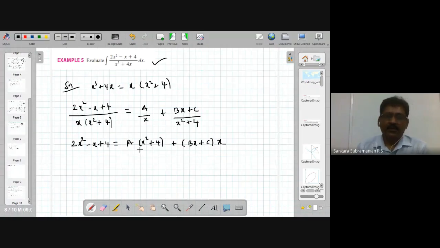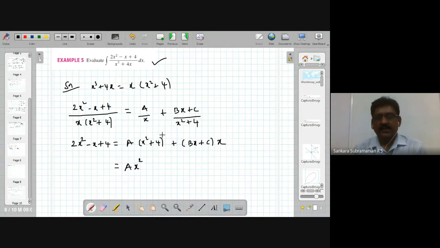Then you have to go for arbitrary substitution of values, then find an expression in a, b, c. If you see that it is very tough, then the easiest way is equating the like terms. Equating the like terms means you multiply this term into the first term, you get ax square.